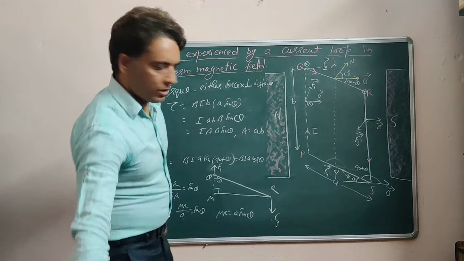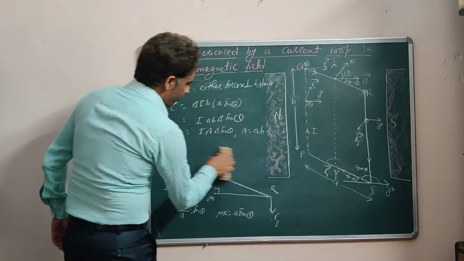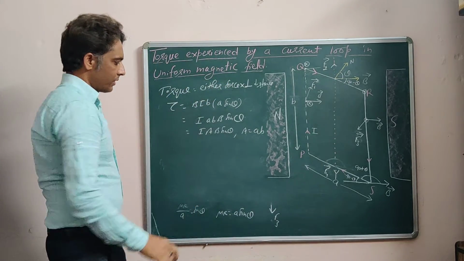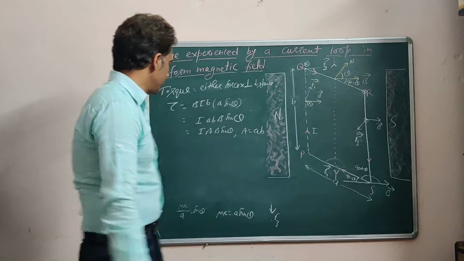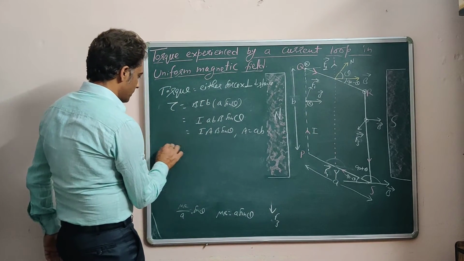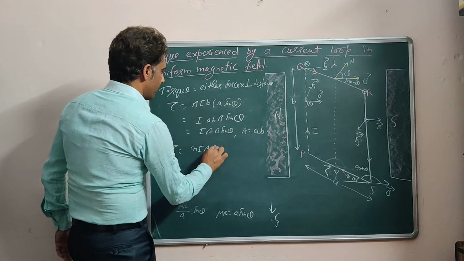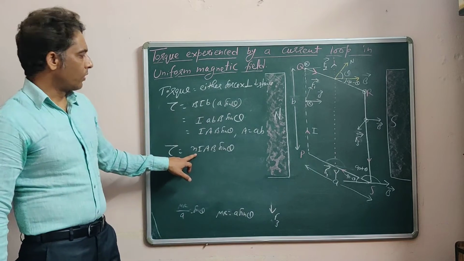If the coil has a large number of turns, instead of one turn there are a large number of turns, let the total number of turns be small n. Then we can write total torque as N I A B sin theta, where n is the total number of turns.